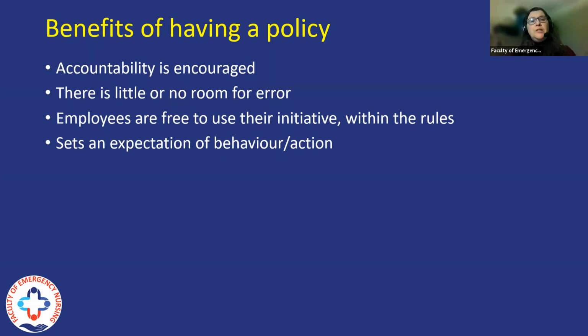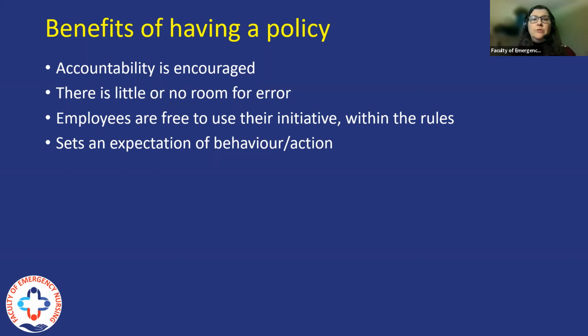If you've got a policy, it's difficult to make mistakes. I'm often heard to say the important thing here is to make it easy for people to do the right thing. So if the policy makes it really straightforward and really easy, you'll just do the right thing.